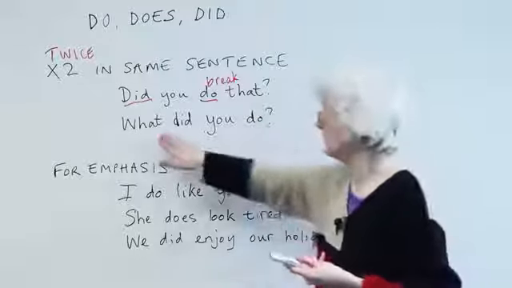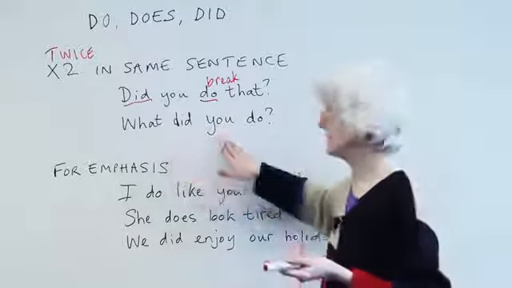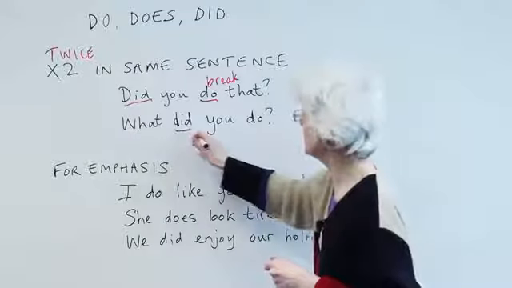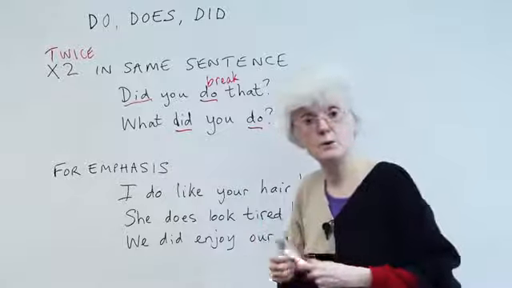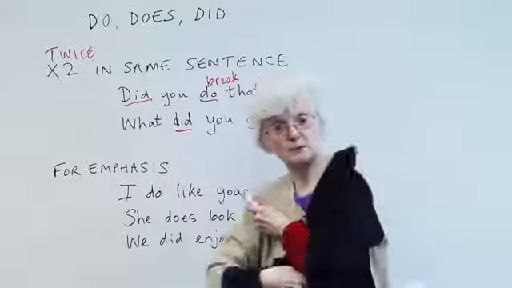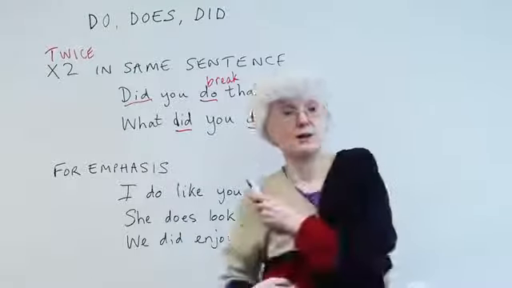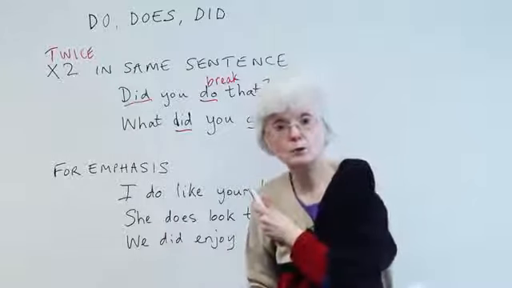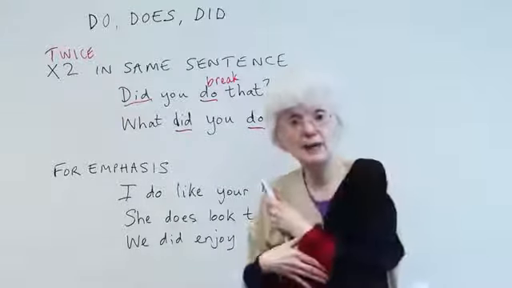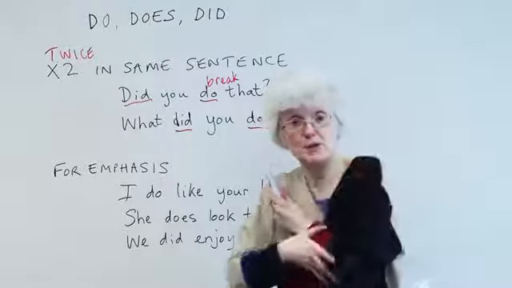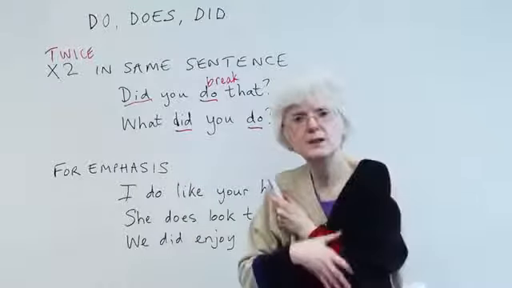There's another question. What did you do? Okay, so we've got did and do again. What did you do? If somebody comes with their arm bandaged, what did you do? Meaning, what's happened? How did that happen to your arm? What did you do?